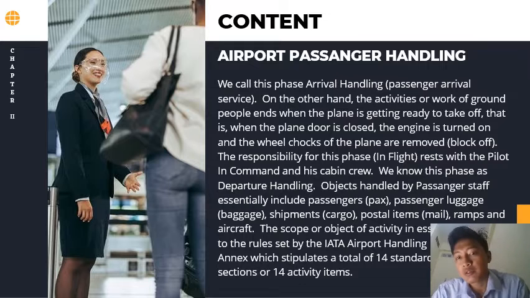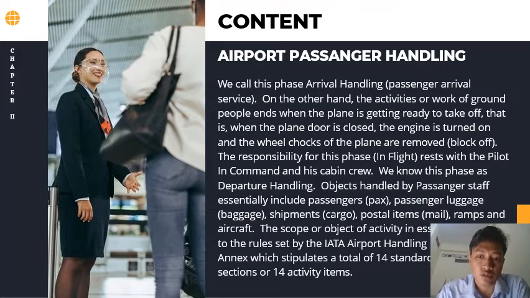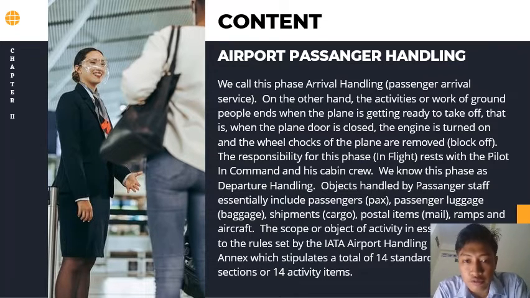But we call this process departure handling, and on the other hand, the activities or work of ground people end when the plane is getting ready to take off. That is when the plane door is closed, the engine is on, and the wheel chocks of the plane are removed. The responsibility for the flight rests with the pilot in command and his cabin crew.